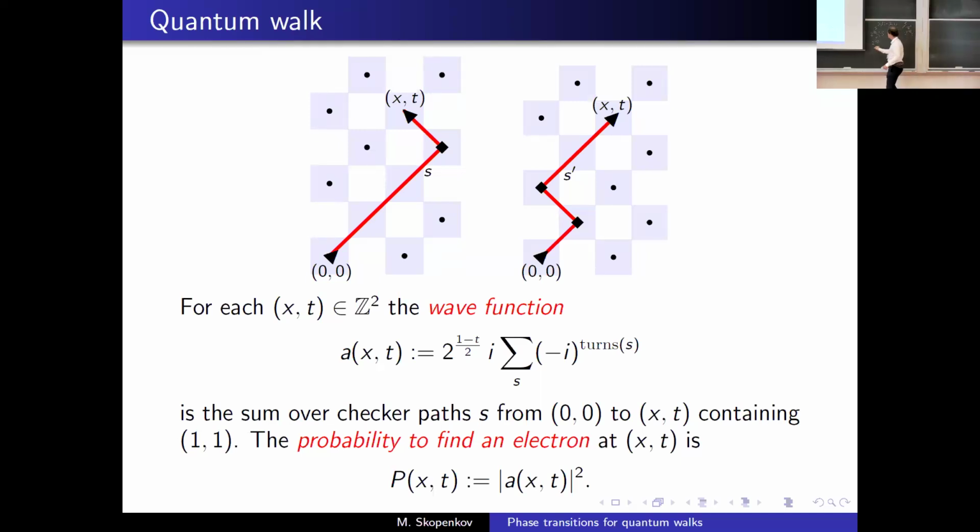And by summation, we compute the wave function at this particular point, which is going to be this number. And we compute the probability to find the electron at this particular point. It is going to be 5/8. Hope now the definition is completely clear.